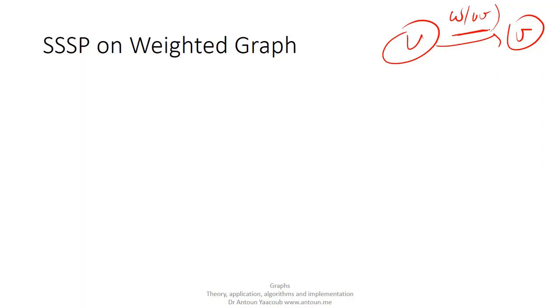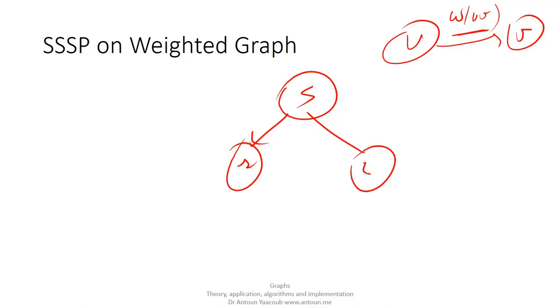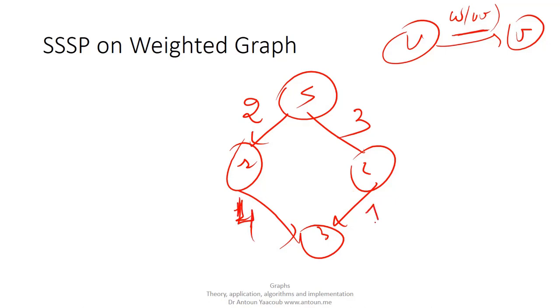If we use BFS, for example, if I start from S, the same example. Let's suppose I have 2 here, 3 here, and then 1, and then let's say 4 here, and 1 here.